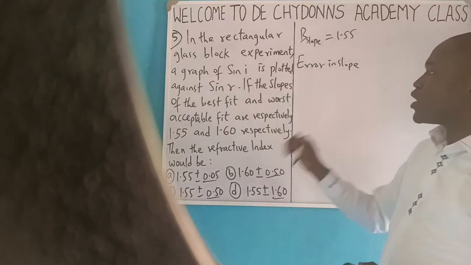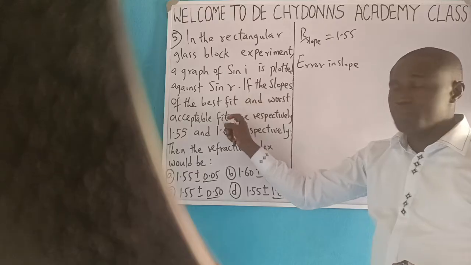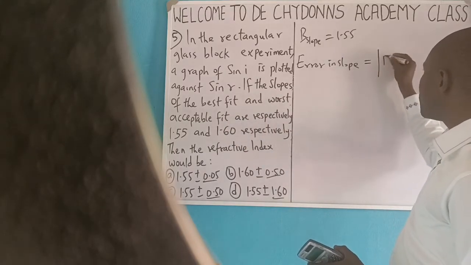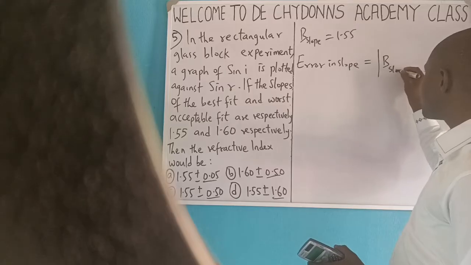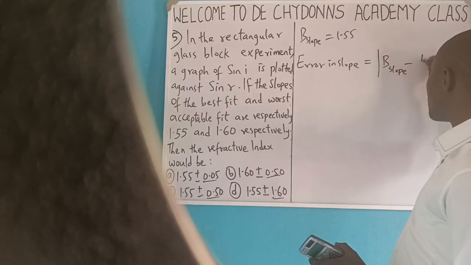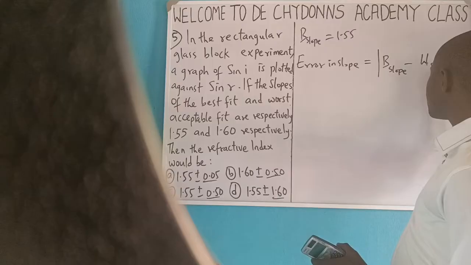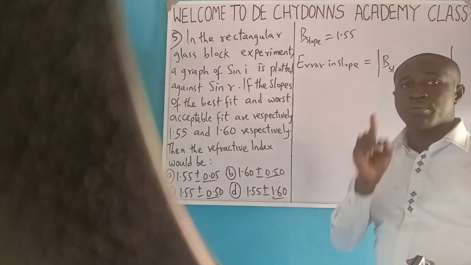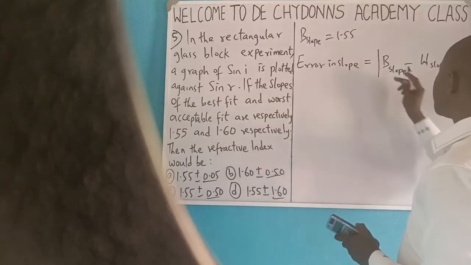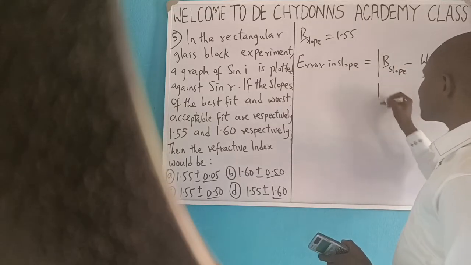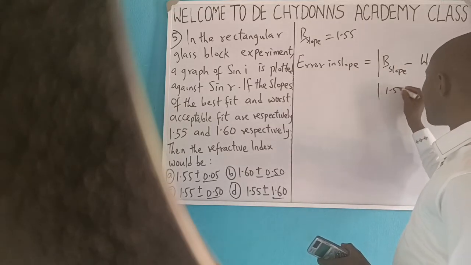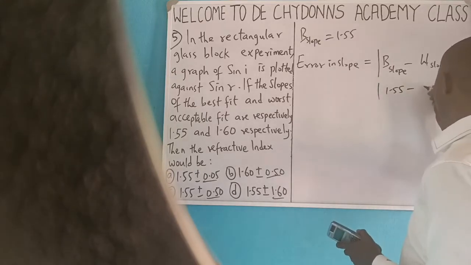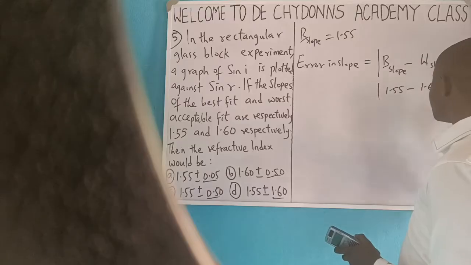Error in slope, when you are given the best fit slope and worst fit slope, is equal to the modulus of best fit slope minus worst fit slope. Modulus means that the answer should be positive. What is our best fit slope? 1.55 minus, what is our worst fit slope? 1.60.